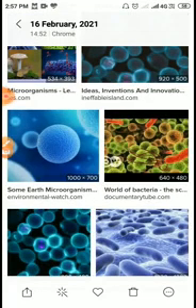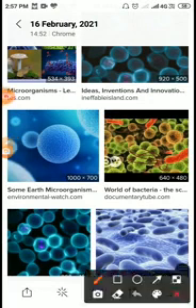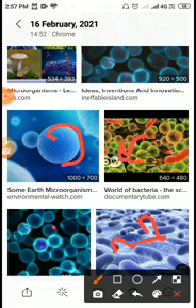My dear students, come to the harmful bacteria. As you are looking here, there are several types of bacteria. This is the rod shape bacteria. These are the round shape bacteria. Round bacteria are called cocci.